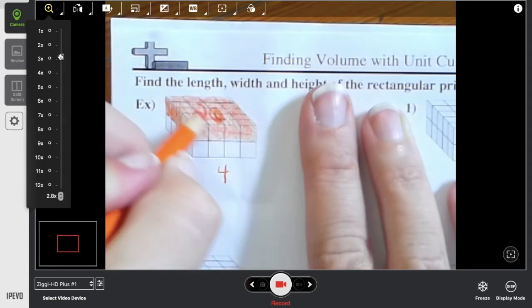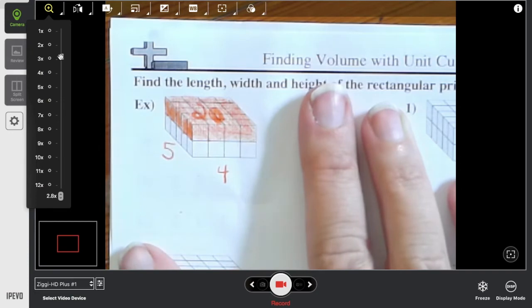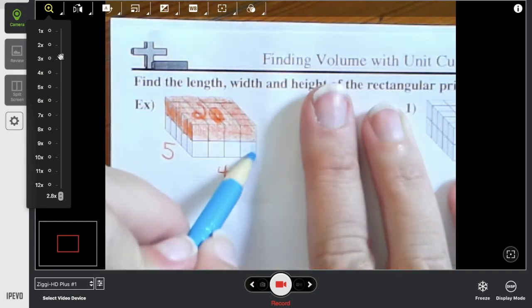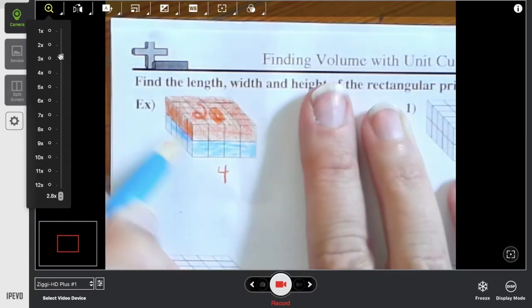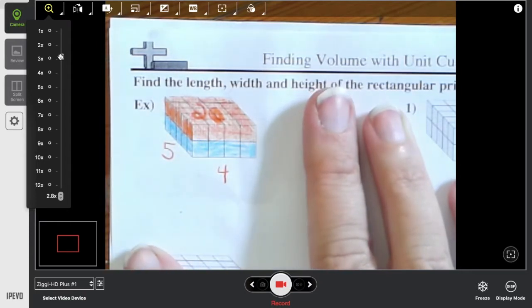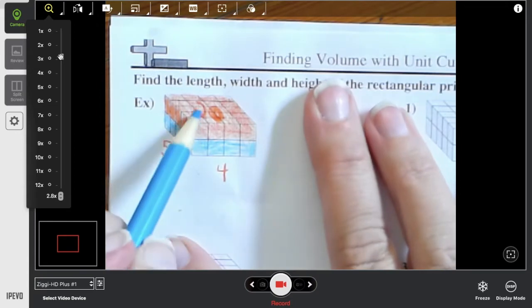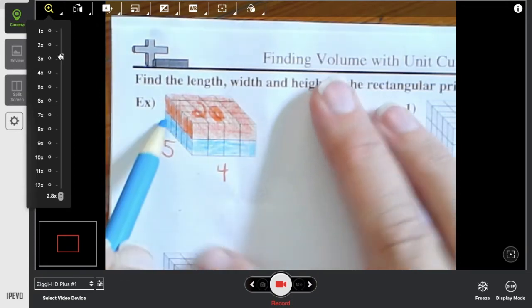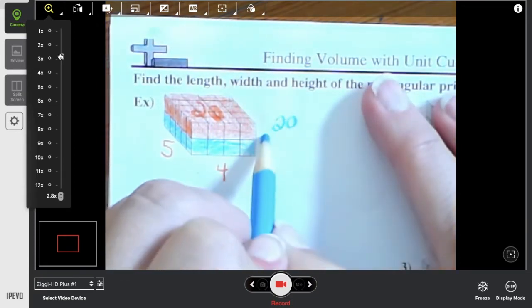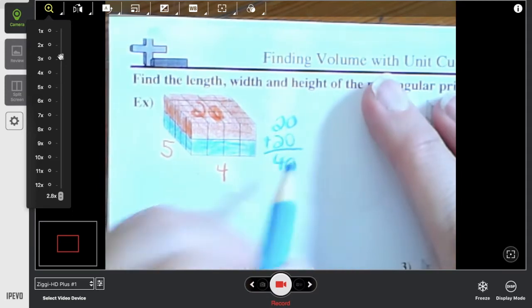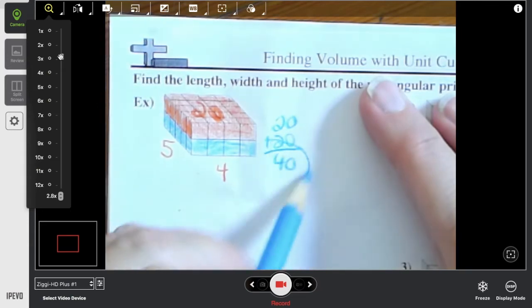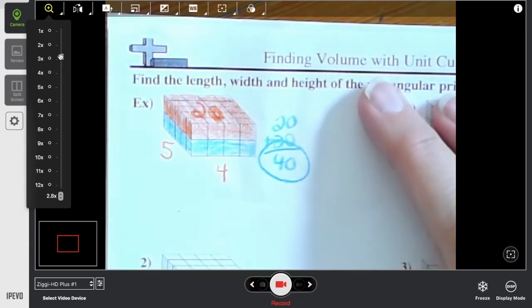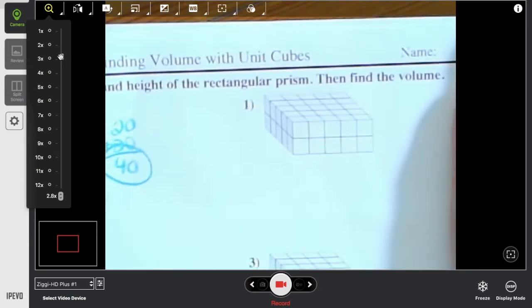That has 20 cubes to make just one layer. And then below it, I have another layer the exact same size. That's 4 by 5. And the orange layer is just sitting on top of it. So if I have a 20 layer and another 20, 20 plus 20 is 40. So the volume of this shape is 40 cubic units.